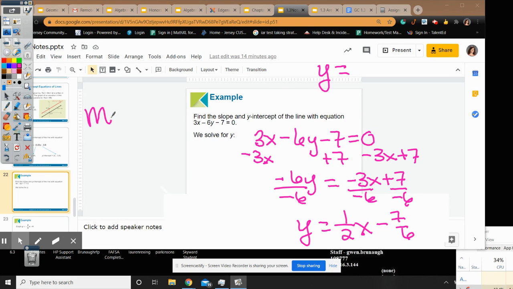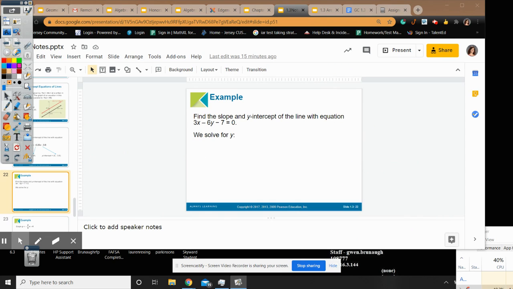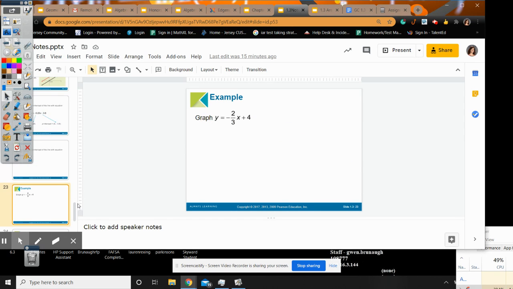The slope is just the number, and the number would be 1/2. That's the steepness. The y-intercept that they're asking for is a point. Y-intercept means x equals 0. The y-intercept value would be negative 7 over 6. So they'll want the slope and the y-intercept, and they're going to want that y-intercept as a point.